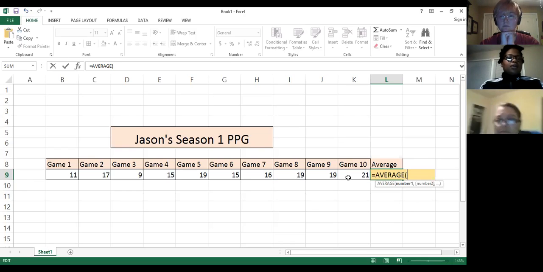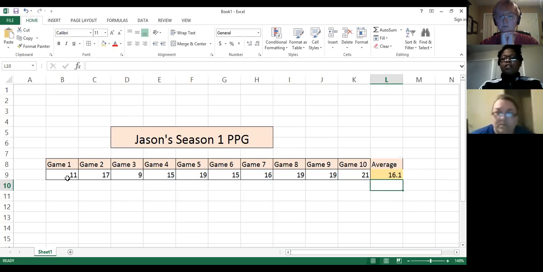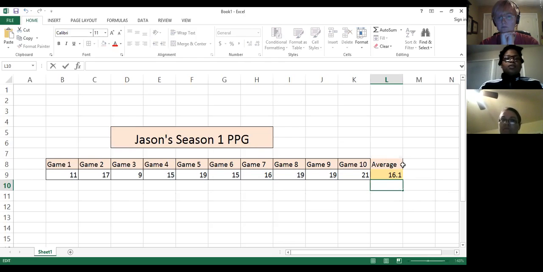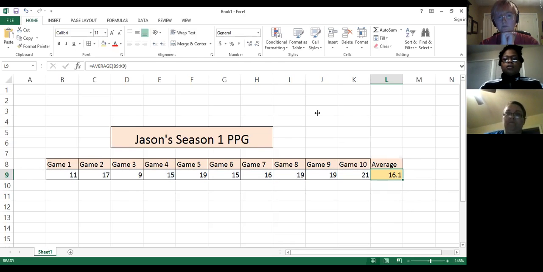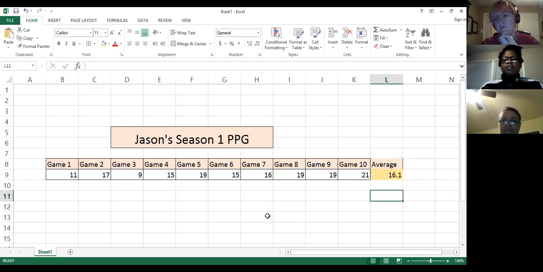So, highlight those. Push enter to tell it what to do. And there it is, 16.1. Easy, easy, easy. Now, that is calculating the average for a simple data set.